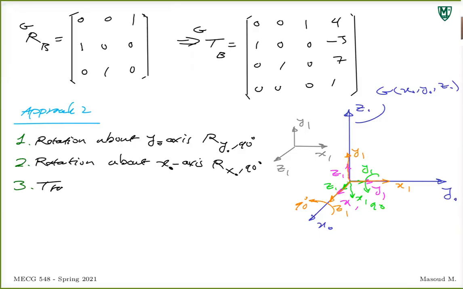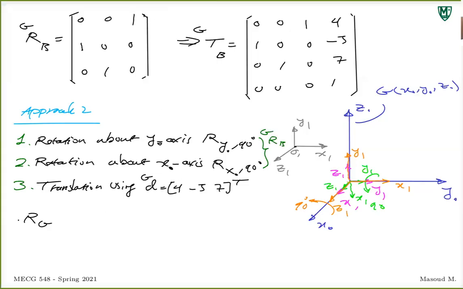So translation using dg, and that was, I have it there, 4 minus 3 7 transpose. The same story. Remember, the rotation matrix in your transformation matrix is coming from these two rotations.